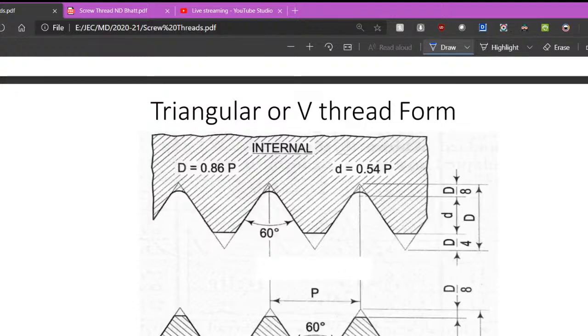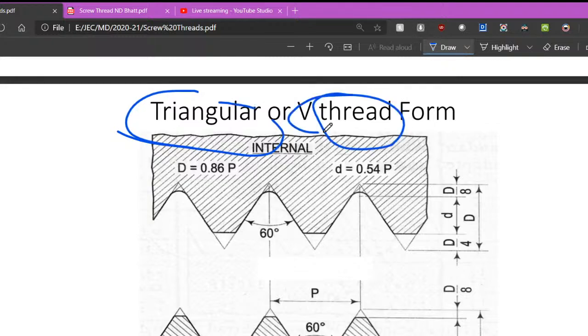See, for triangular or V threads, there are various countries and each country is exporting some machinery from their country. So if one country exports to another country, what will happen if there is any wear of the parts?